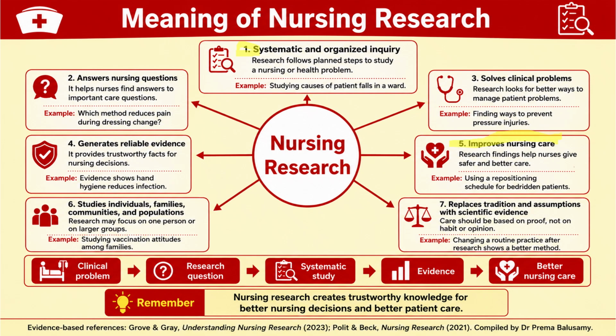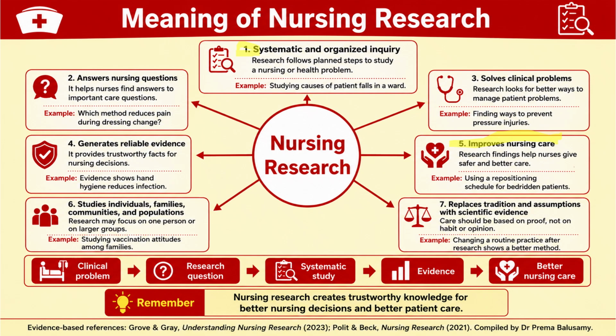Next, nursing research improves patient nursing care. The purpose of nursing research is not only to write reports or to publish articles. The research findings should contribute to safer, more effective, and higher quality patient care. For example, a repositioning schedule for bedridden patients reduces pressure injuries.